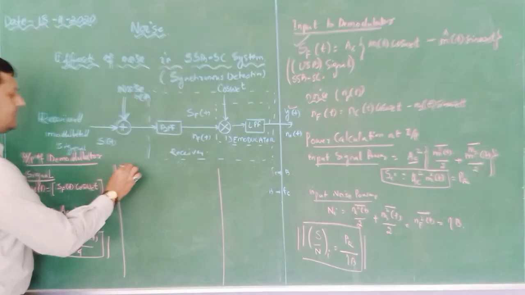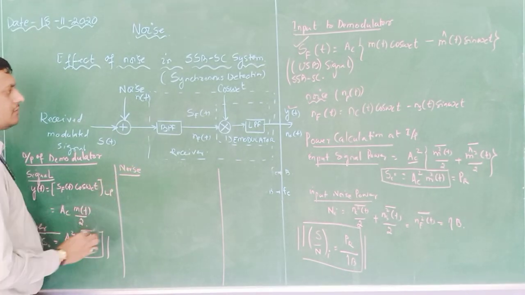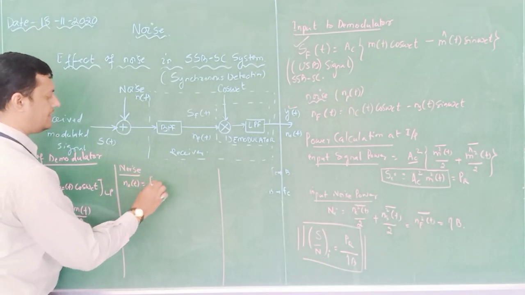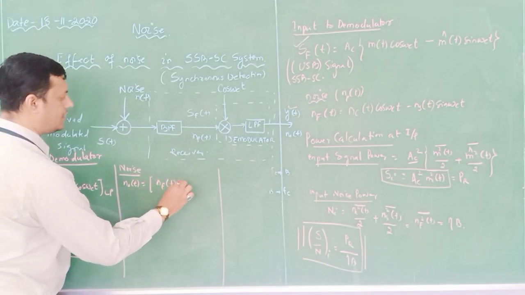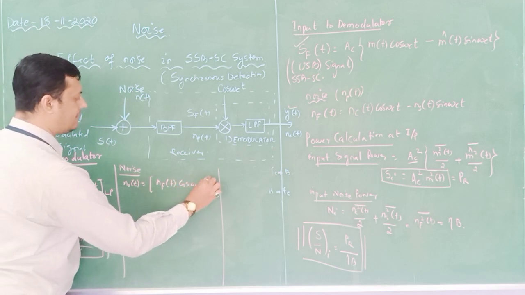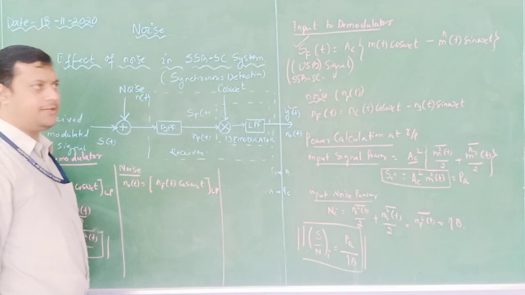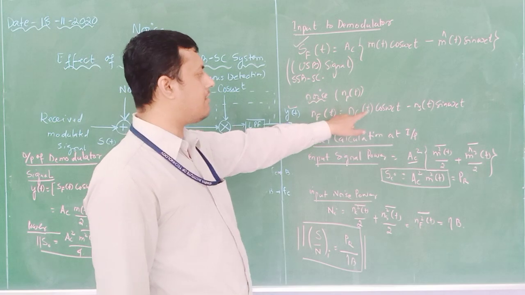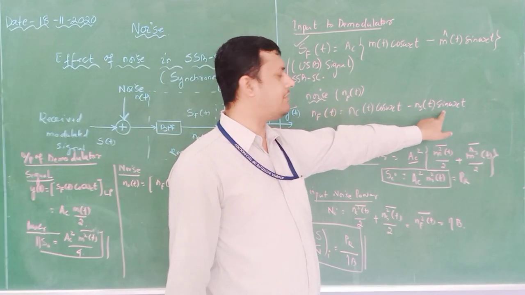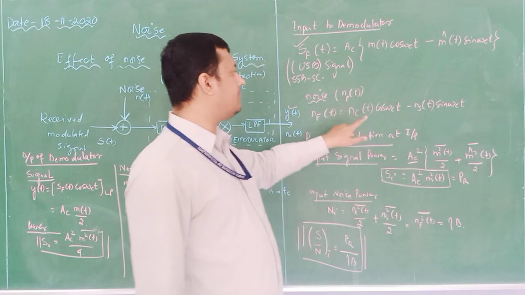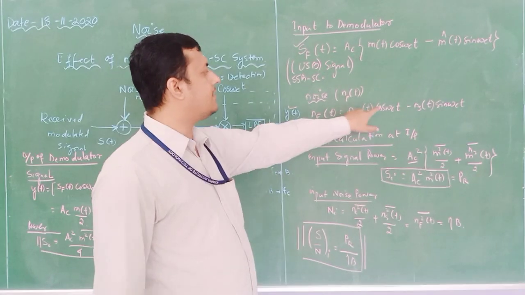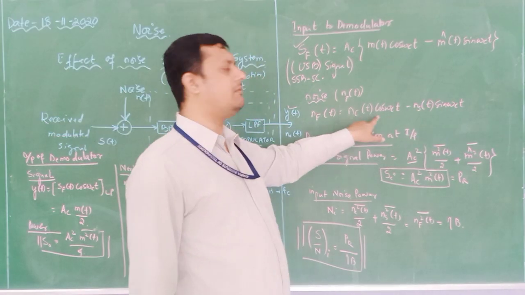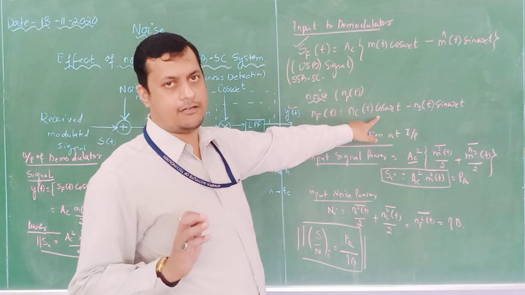Now we will calculate with respect to noise. So what is my noise output? Noise output is N naught of t. What is its value? Nf of t cos omega ct passed through the low pass filter. Now what is Nf of t? Nf of t is Nc of t cos omega ct minus Ns of t sin omega ct. You multiply cos omega ct to this, you will get cos square omega ct and it will become a second harmonic component. So cos square will become 1 plus cos 2 omega ct divided by 2.